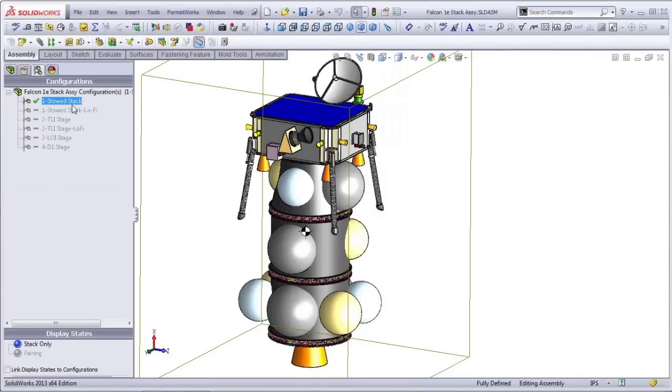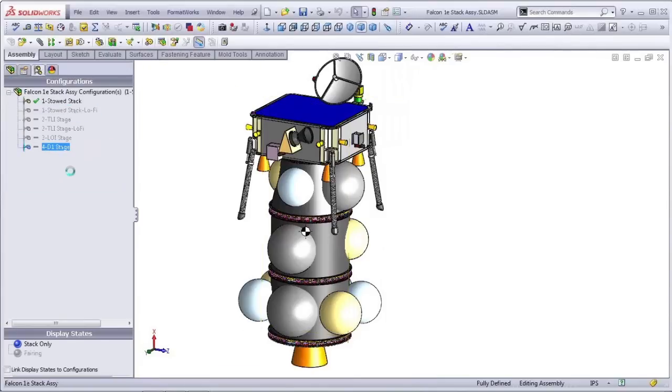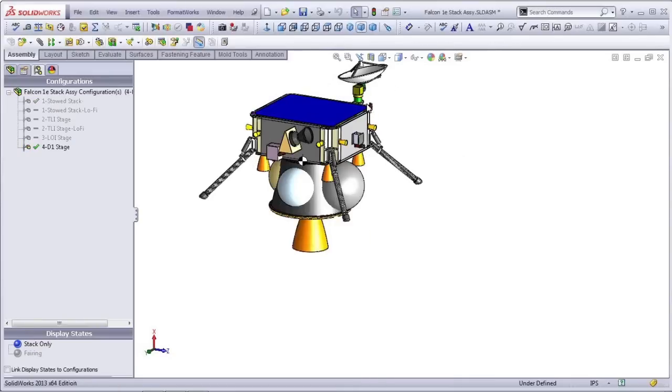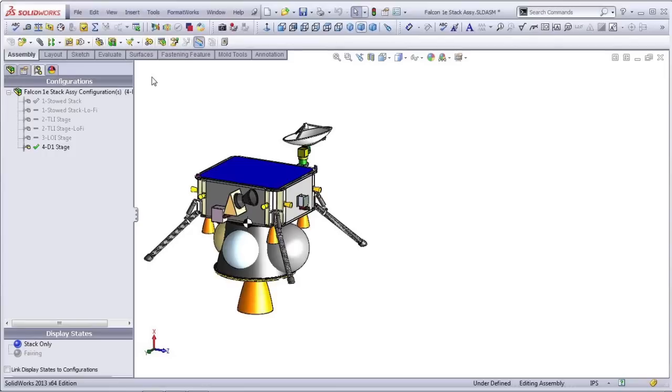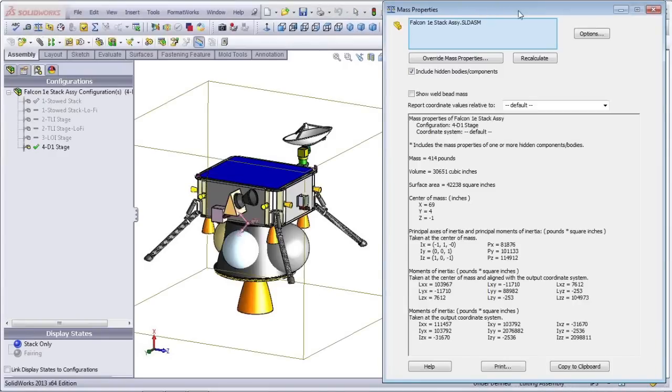What I want to do is switch to a configuration of just my descent stage. And my descent stage, I've expended my first and second stages to get to the moon, and we switch to a stage where the lunar legs are deployed, and I can redo my mass properties.